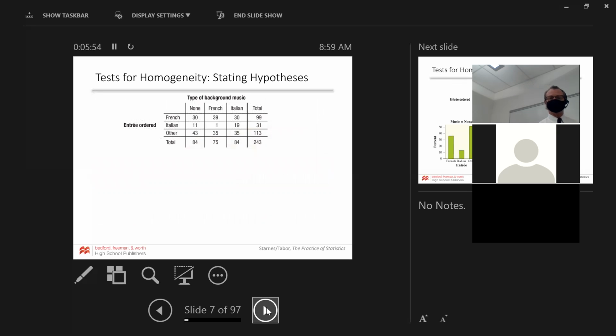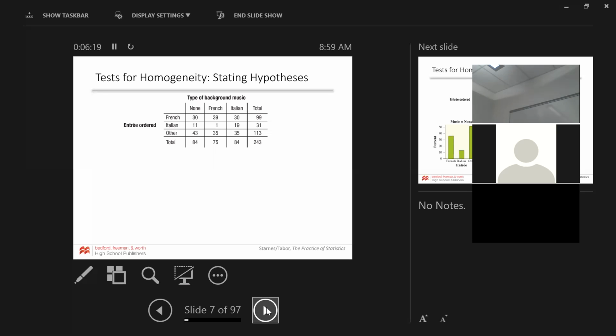So now we've got this. You got a two-way table. And if you read the two-way table, the rows are the meals and the columns are the music. Okay? And there are 243 orders. So what did they do?